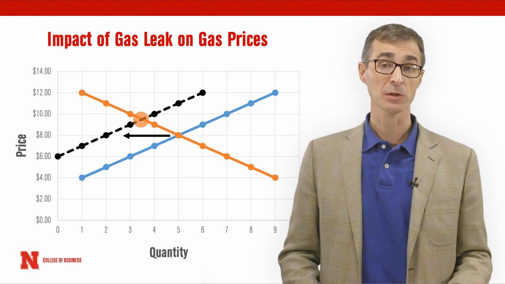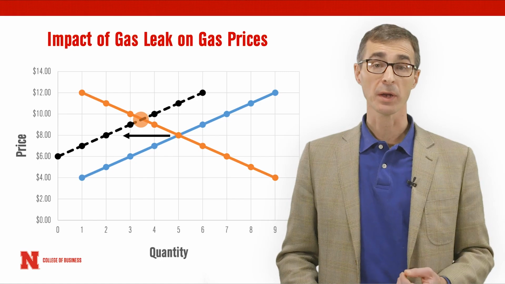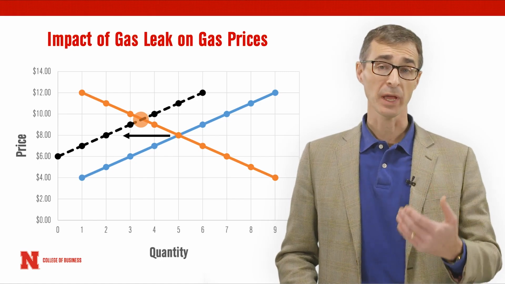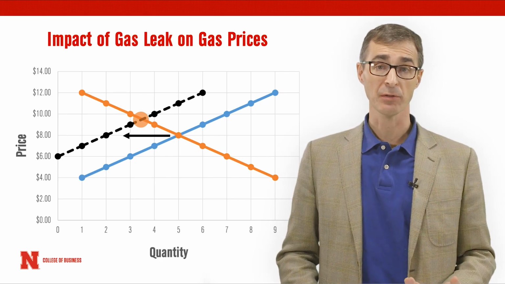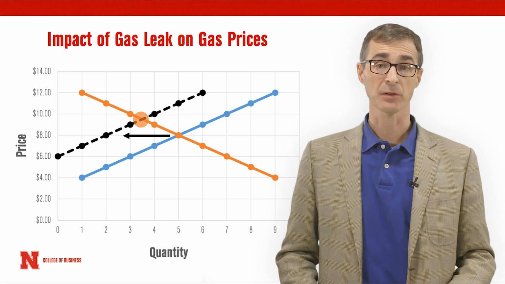It was not until the pipeline was restored and the equilibrium quantities were able to return to their original level, prices then falling and consumption levels rising back to the original level.